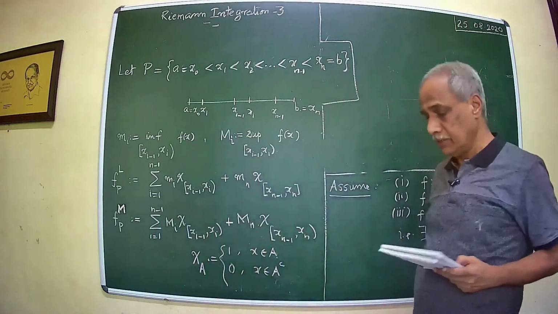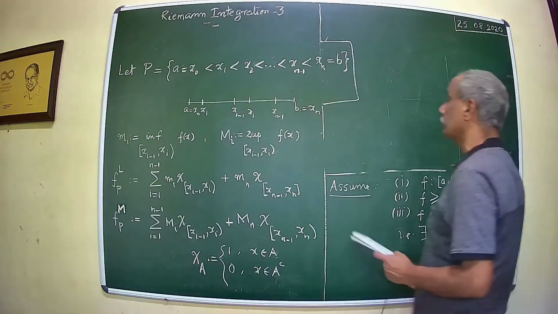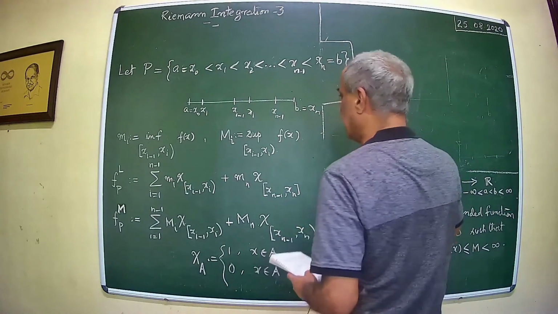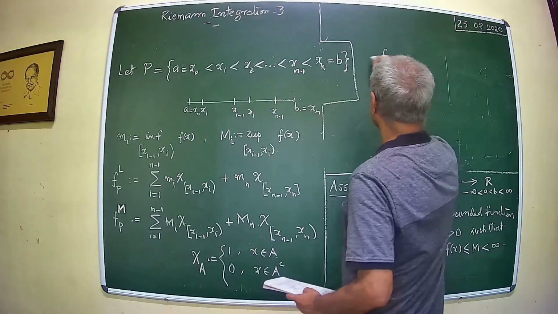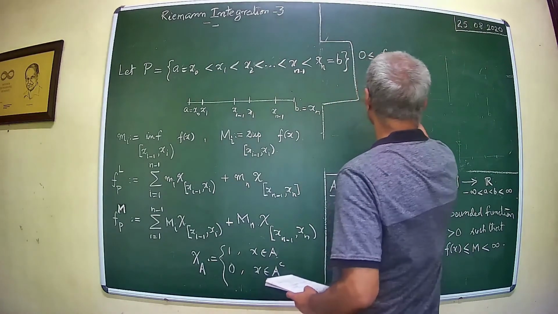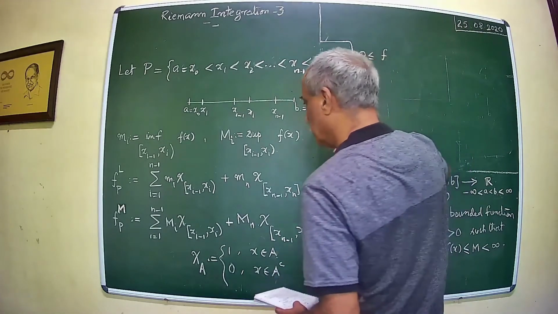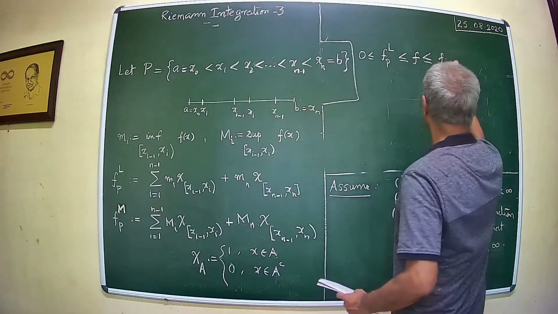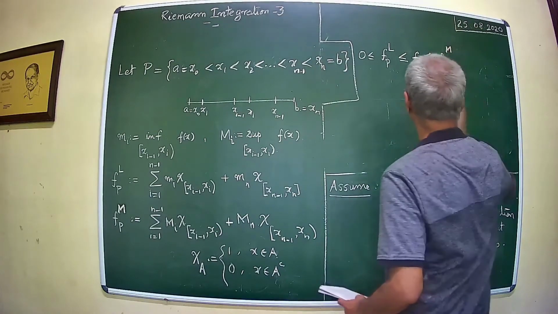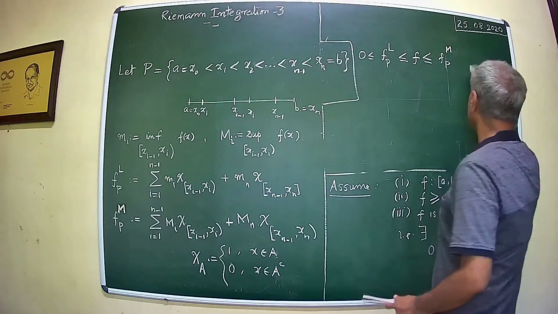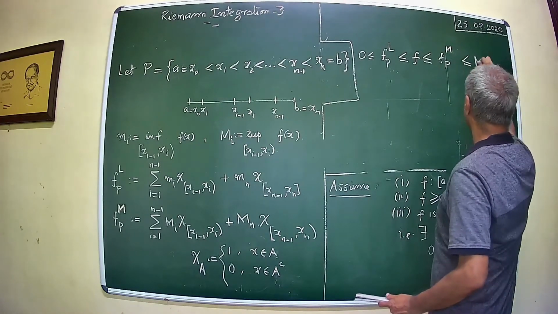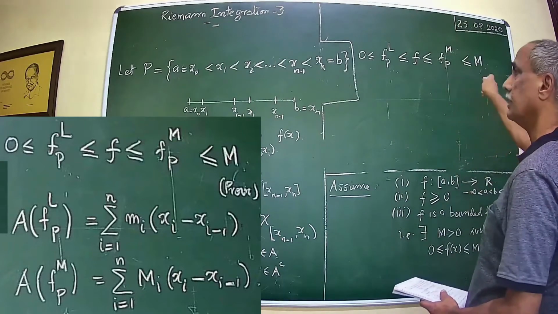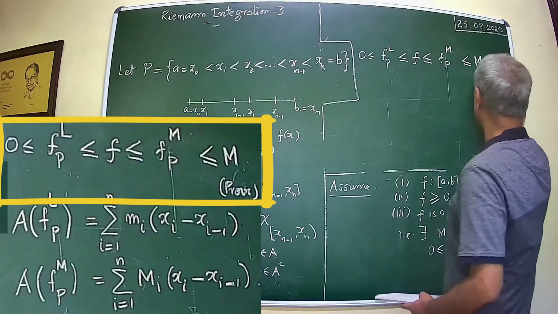You see that immediately you have the inequality that 0 is less than or equal to f of x, and this, you know, is everywhere bounded by the number M, because that is the bound that you set for capital M. So you prove this.